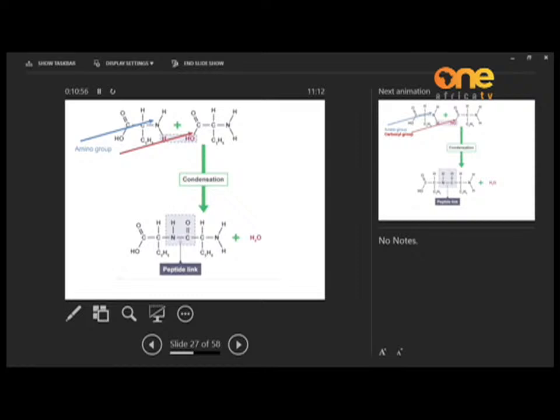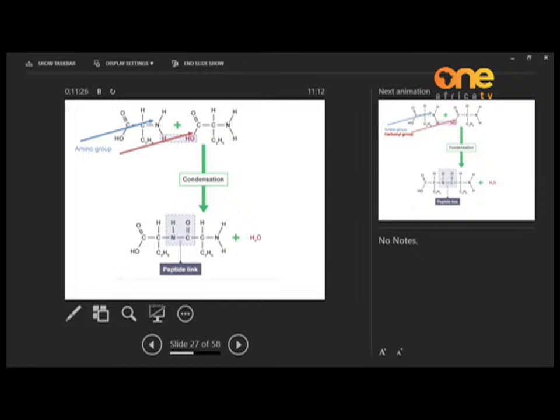What do I want you to remember? Higher level, you need to know, for two amino acids to join, the carboxyl group and the amino group need to form a bond. The bond is a peptide bond. It is a condensation reaction and it forms water.